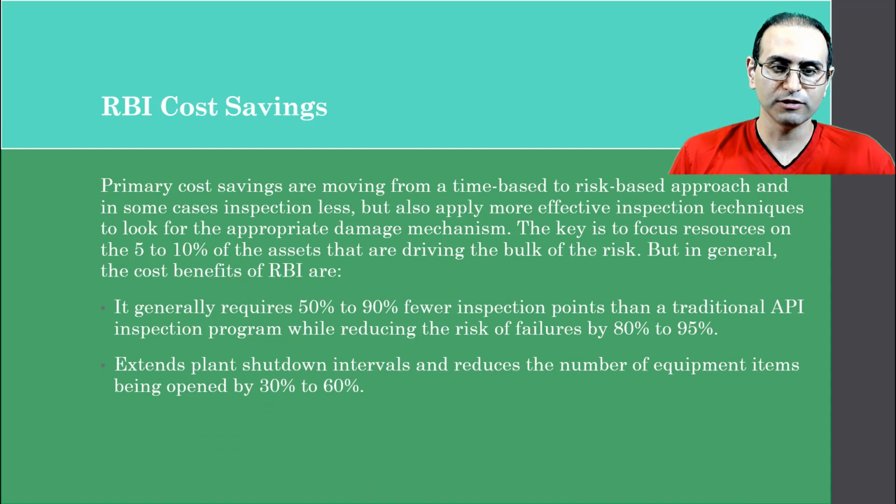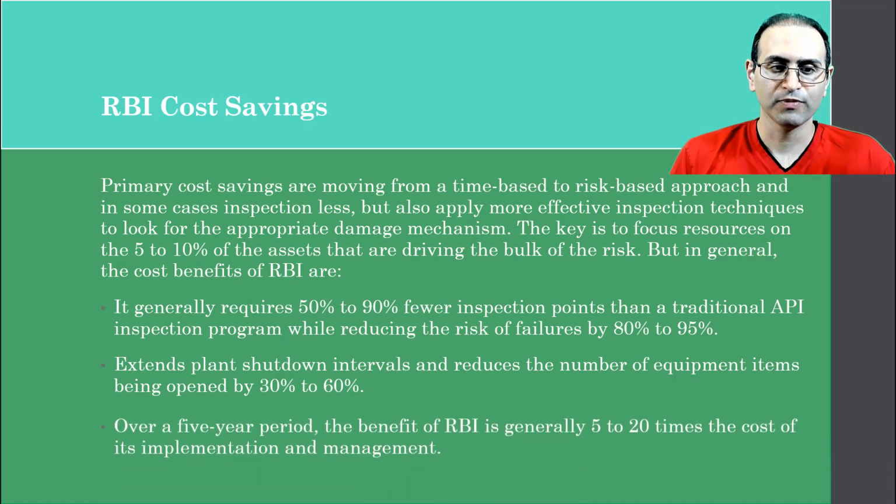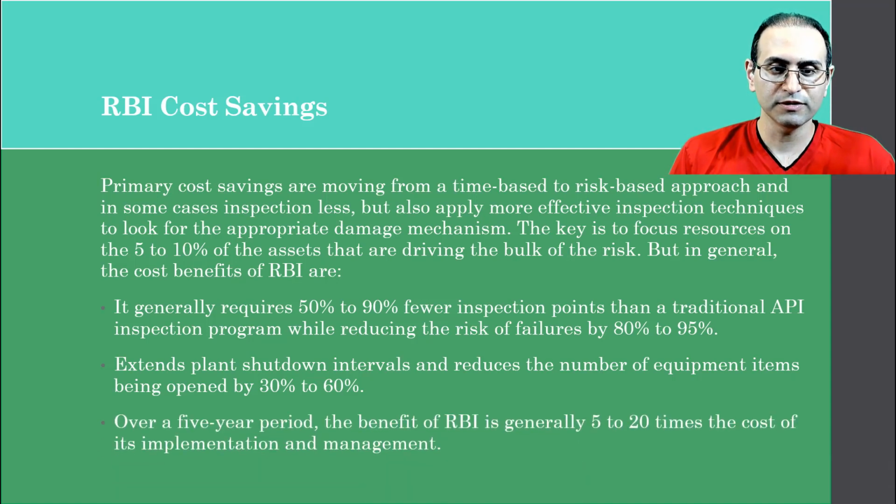It extends plant shutdown intervals and reduces the number of equipment items being opened by 30 to 60%. You won't need to open all the equipment. You just open those pieces of equipment during the turnaround that are required based on the RBI program. Over a 5-year period, the benefit of RBI is generally 5 to 20 times the cost of its implementation and management.